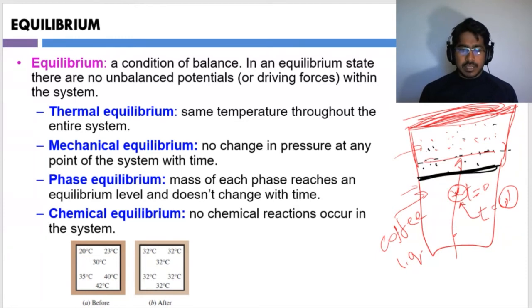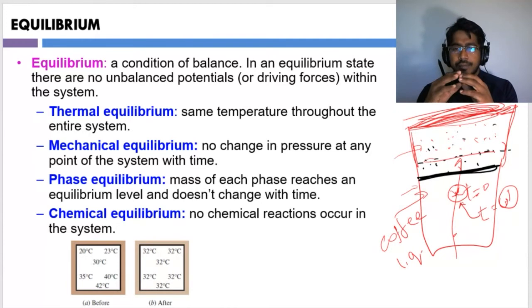So the other one is chemical equilibrium. So no chemical reactions occur in the system. So you put some stuff together and then it does not react with each other, then we can say that it's in chemical equilibrium. Certain chemicals cannot be mixed together because they react and create some fumes and whatnot, and maybe after some time it reaches an equilibrium state where they do not react with each other anymore because maybe they have finished reacting, right?